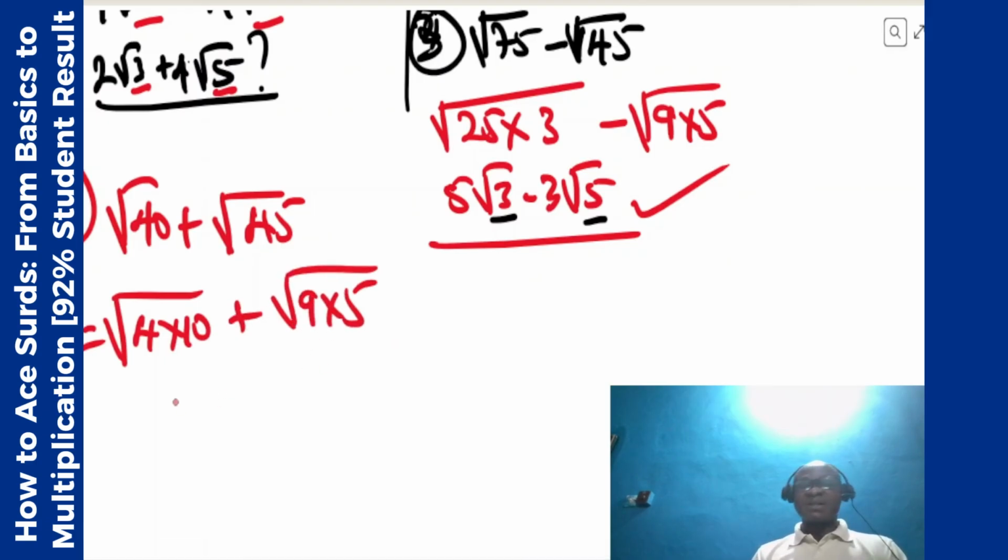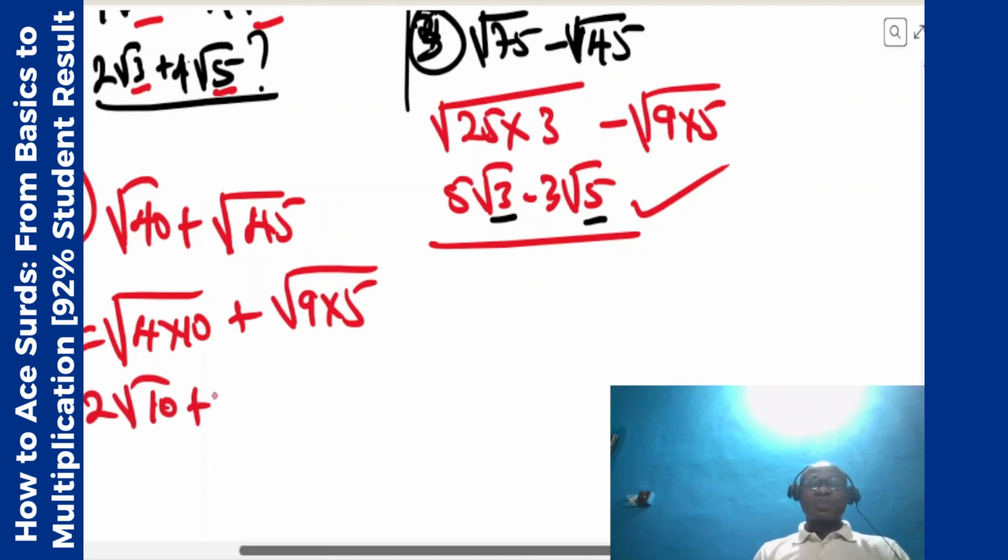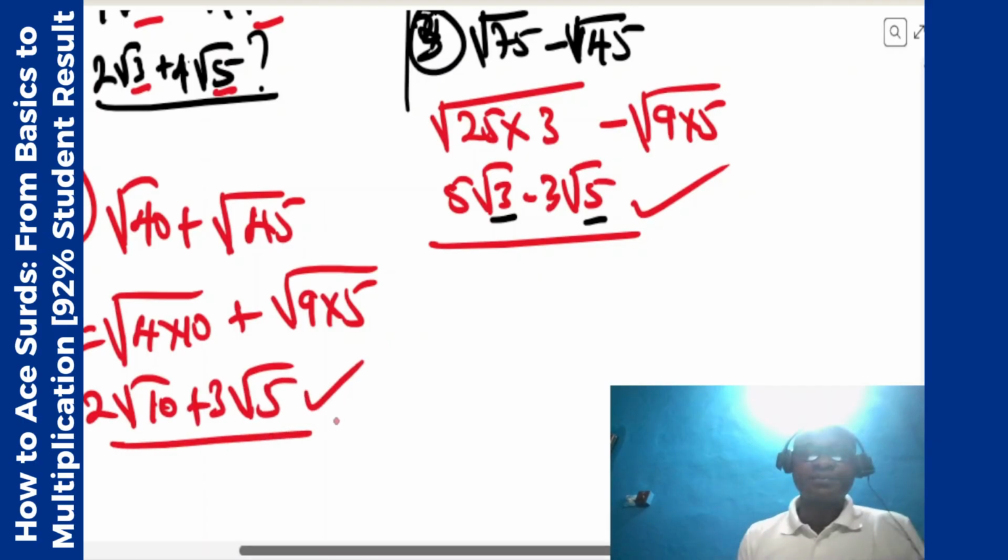So the irrational parts are still not the same. This is going to give me 2 root 10 plus 3 root 5. And that is my final answer to number 4. Yes, sir. Is it okay?